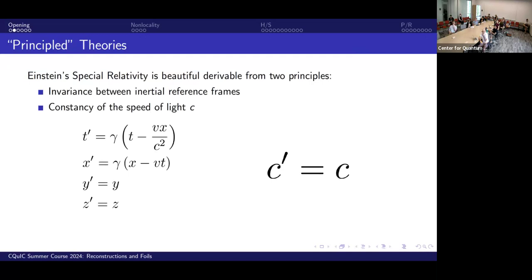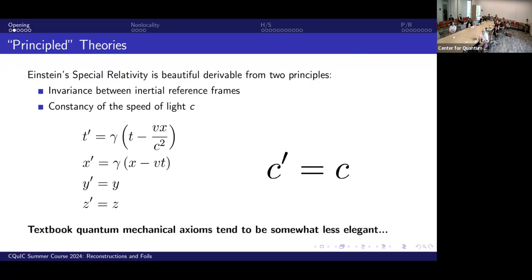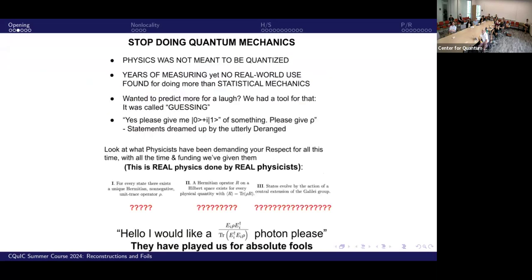Now, this is all very nice in special relativity, but when we turn our eyes to something like quantum mechanics, axioms tend to be a bit less elegant, shall we say. We postulate that there exists this thing called Hilbert space, except that we actually care about projective Hilbert space. We have these states that are Hermitian, non-negative, trace one.